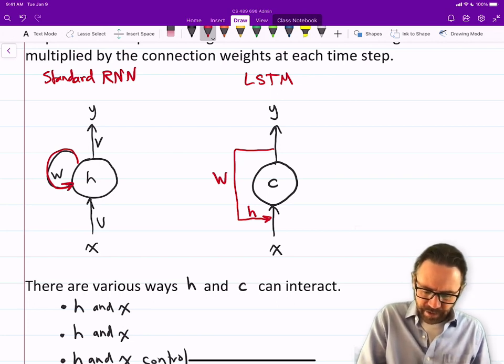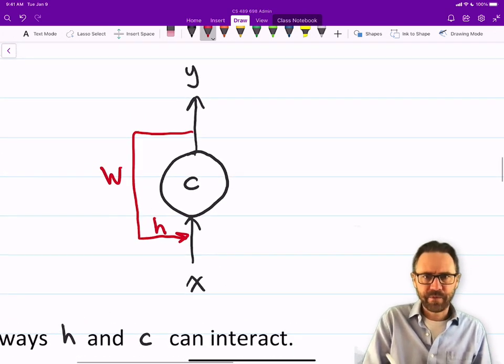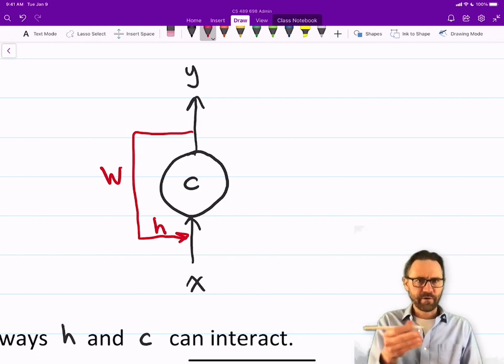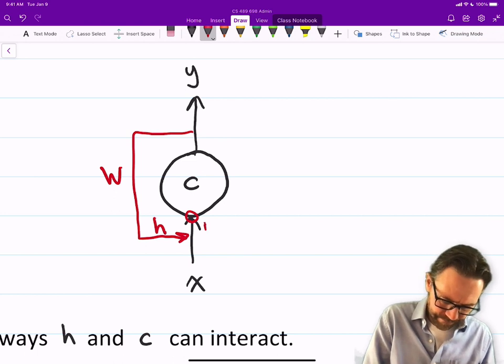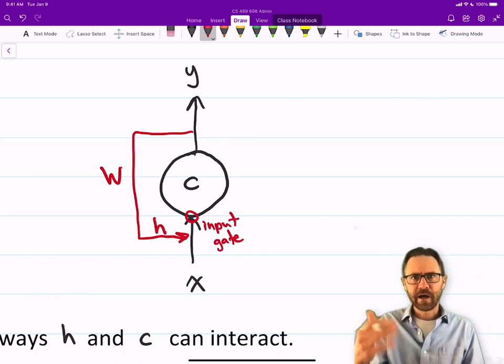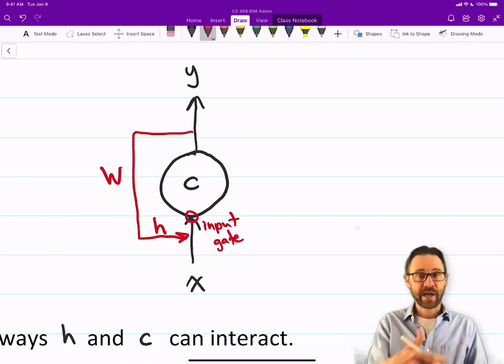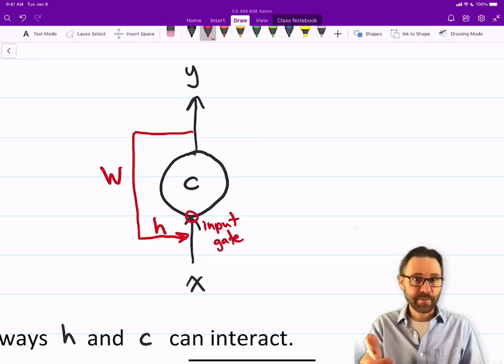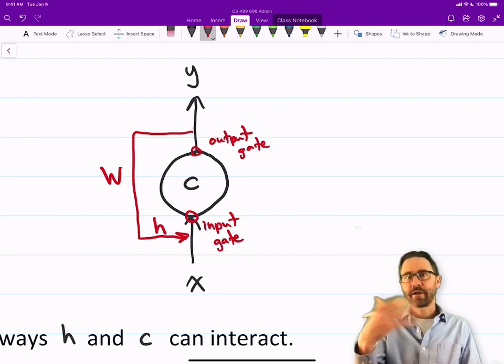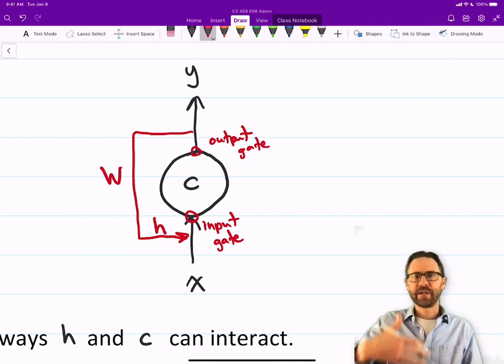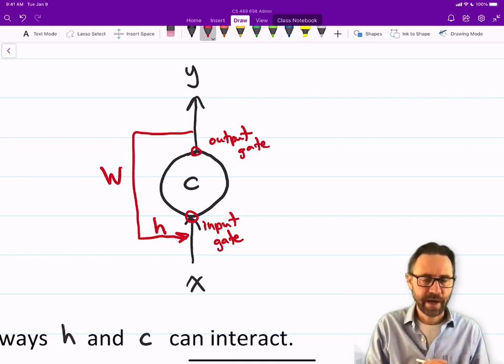So first of all, there are different ways to control the flow of information. First of all, there's an input gate. So there's a way that we can allow X in, or X and H in, or we cannot. We could just leave C by itself. There's also an output gate, which controls whether or not our internal state gets sent out through the output paths.